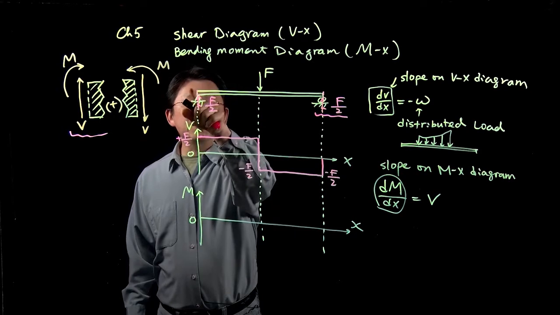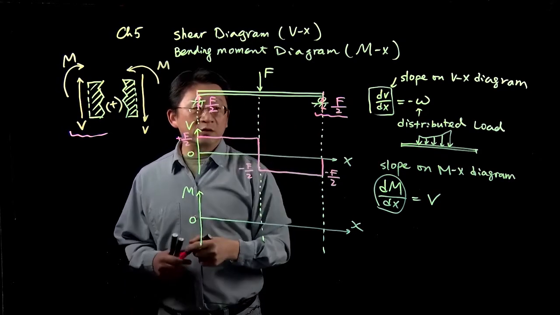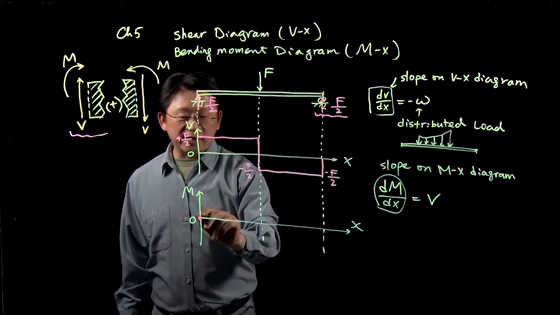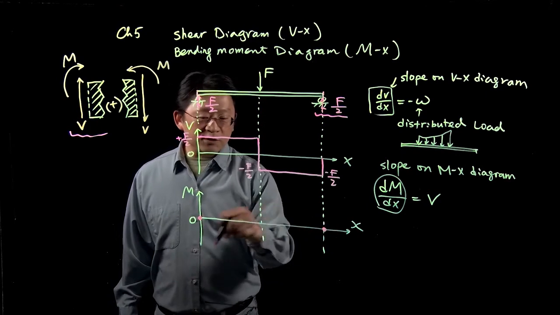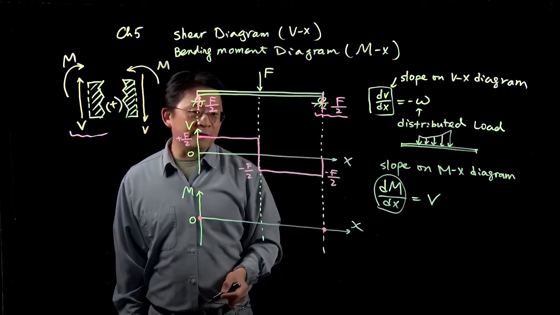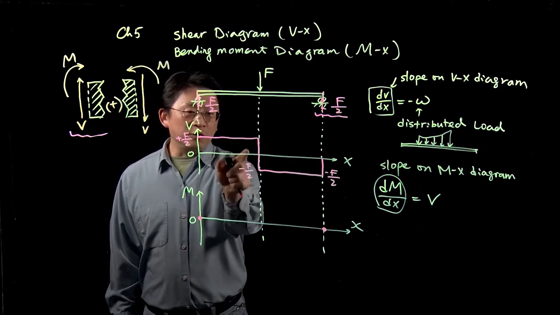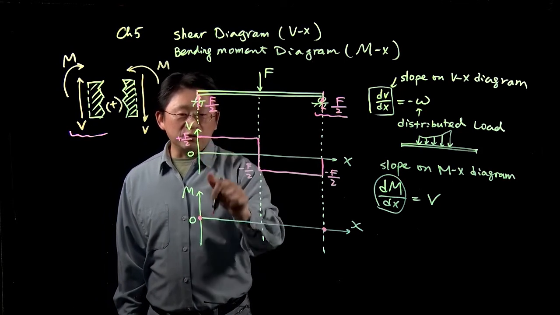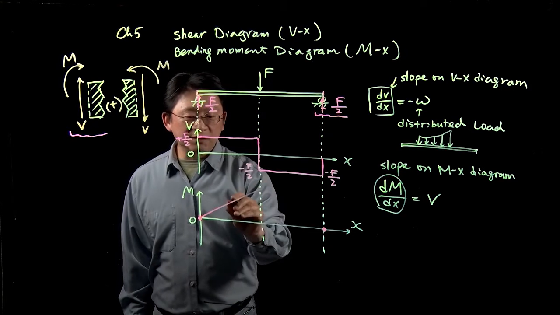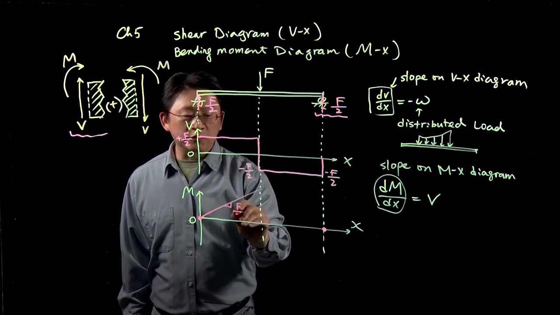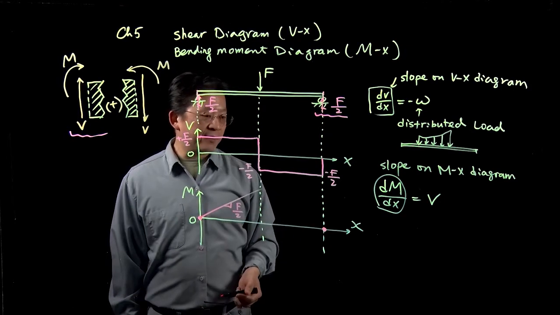Because there is no bending at both ends, we expect the bending to start and stop at 0. In this portion, the slope of the bending equals the value of V, which is F over 2, so the slope equals F over 2 and it remains a straight line.